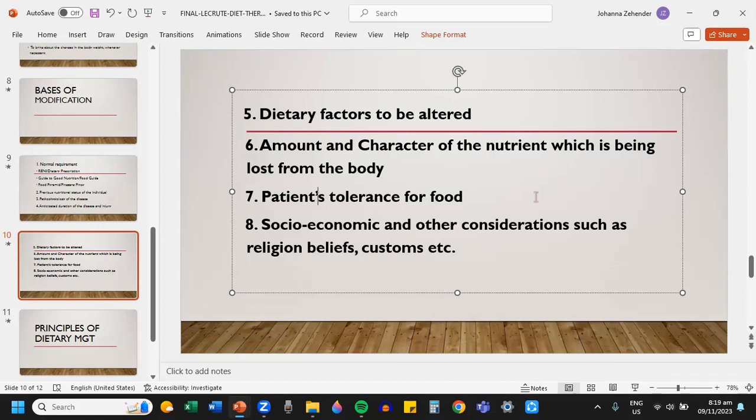So meron silang mga particular food preparation practices. Like, they can only use their own utensils, tapos sila lang pwede mag-unwrap sa utensils nila. They also have specific food restrictions. Like, there are some meats that are allowed and there are some that are not allowed.